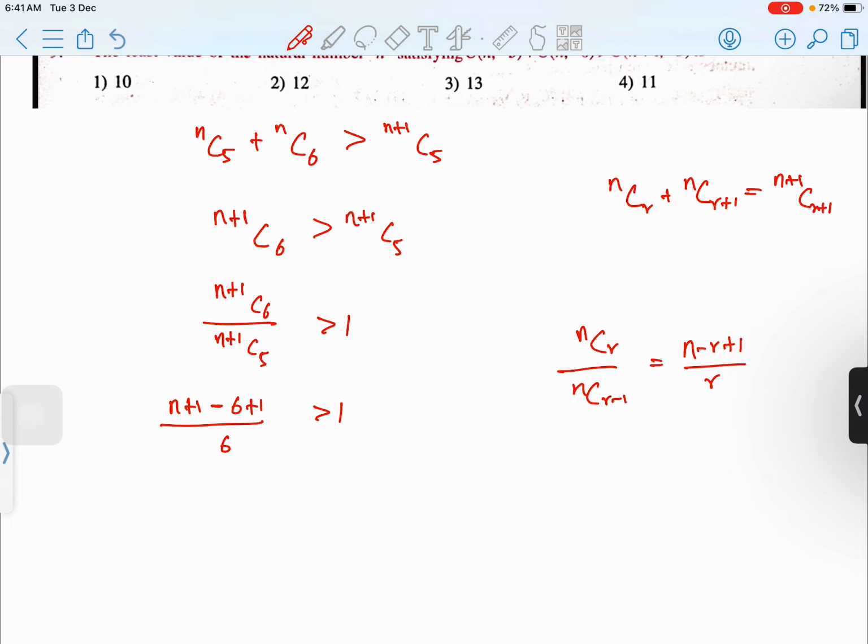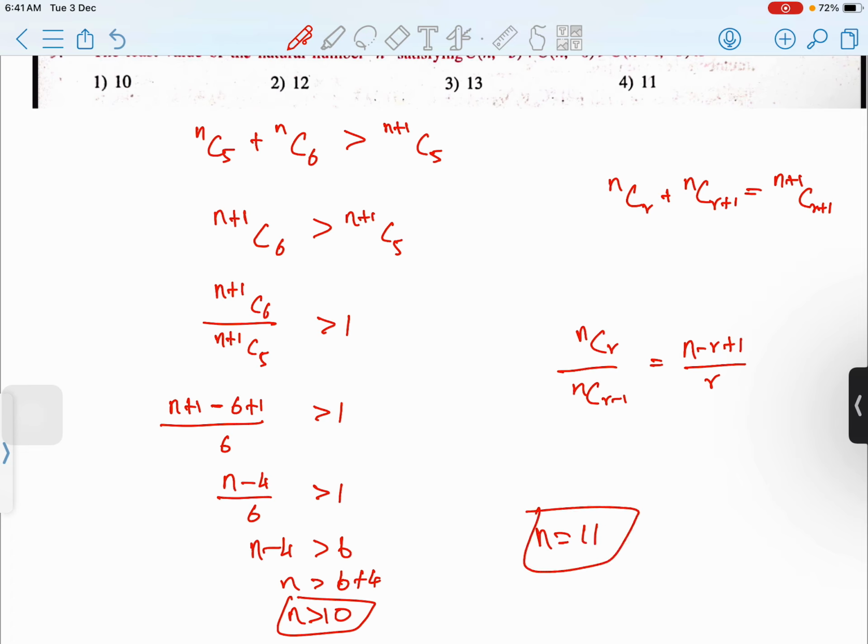Is it okay? So n minus 4 by 6 greater than or equal to 1, n minus 4 greater than or equal to 6, so n value is 6 plus 4, n should be greater than or equal to 10, so n value more than 10, which implies strictly more than 10, the next integer will be 11, so your option is 4.